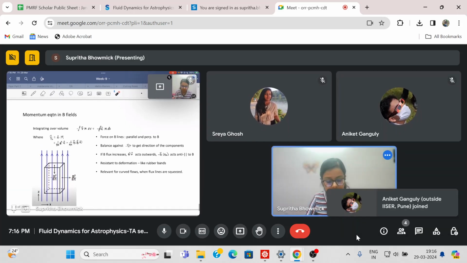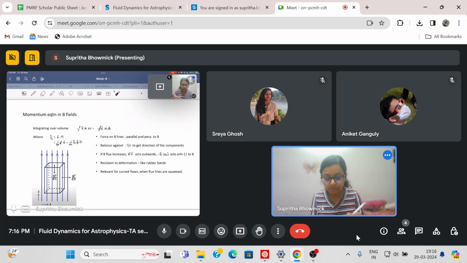Okay, all right. And you'll see the effects are more pronounced when you have curved flows, let's say, and when the magnetic field lines are being concentrated together. That's why you see the effects of the magnetic stress tensor, magnetic pressure.